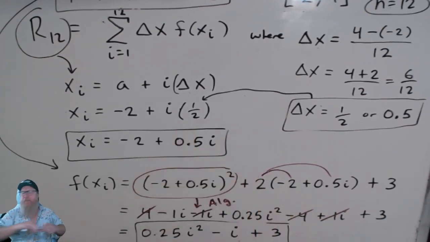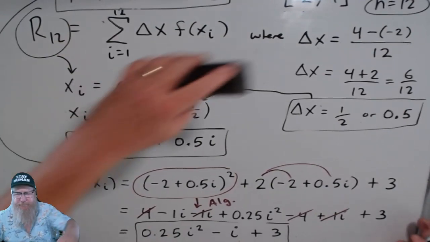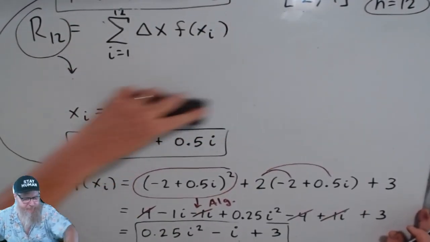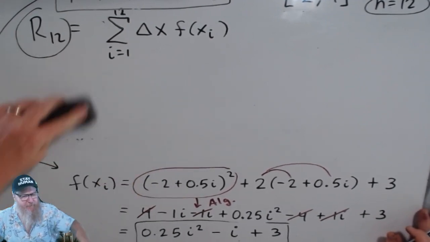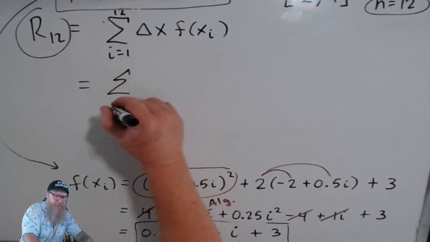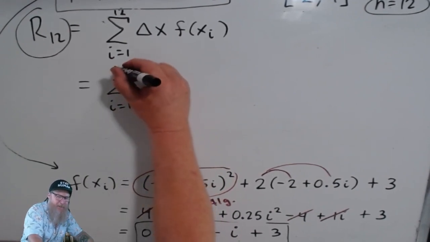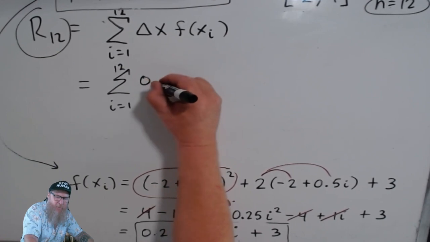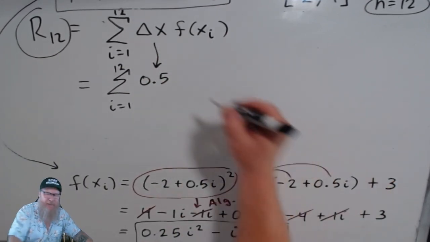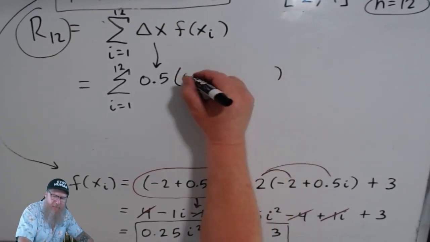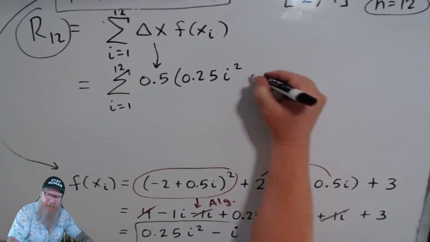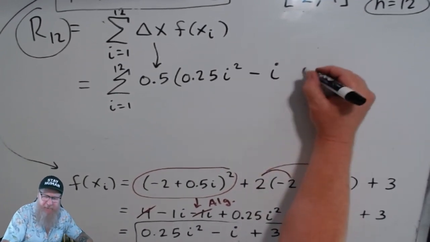I'm going to write it again up here at the top. So R12 is the sum from i equals 1 to 12 of 0.5, that's my delta x, times 0.25 i squared minus i plus 3.